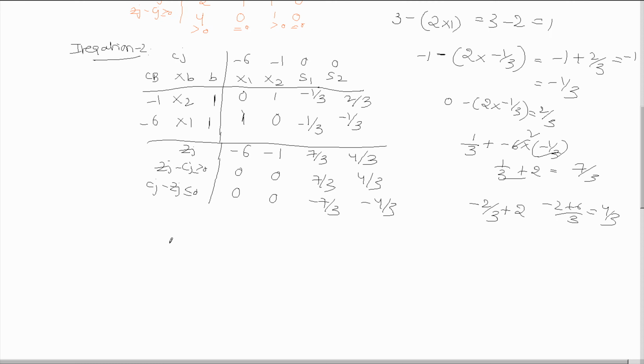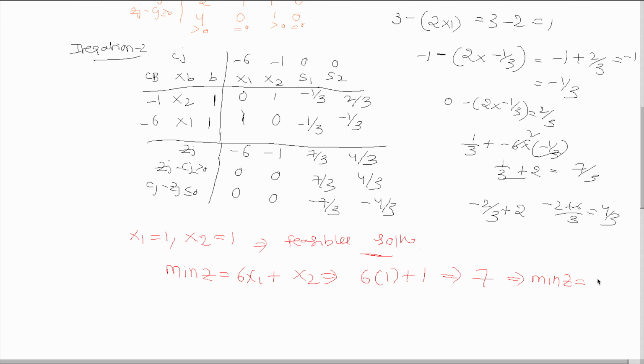So we got the answer: x1 is equal to 1, x2 is equal to 1 are the optimal feasible solutions for minimum z, 6x1 plus x2: 6 into 1 plus 1, 7.